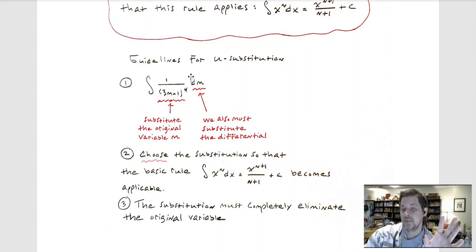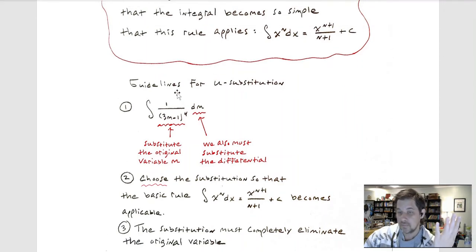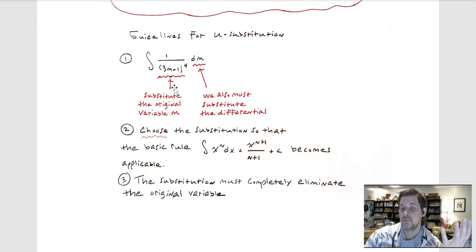Maybe I want to do this problem, but I have this rule, and there's too much stuff here. It might sort of look like this rule could apply, but it's not simple enough. So the idea with u-substitution is to substitute the variables so that the basic rule becomes applicable.